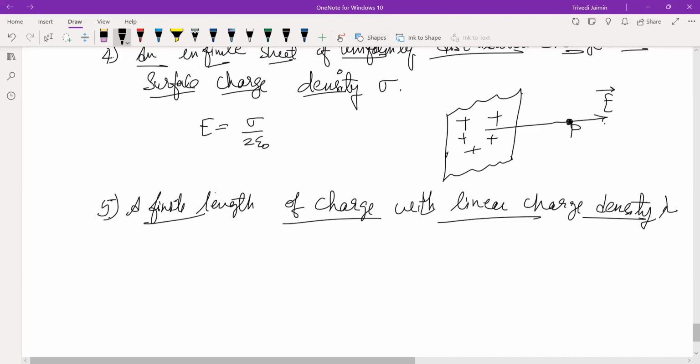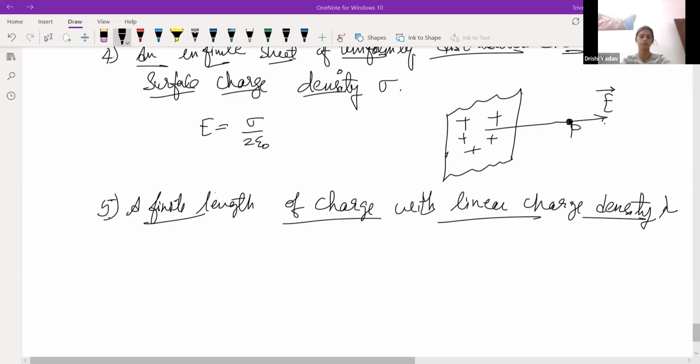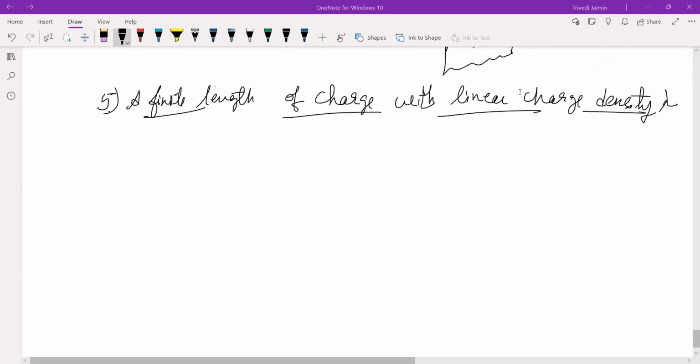If you remember, what was linear charge density? No idea? Charge per unit length. Surface charge density: charge per unit surface area. And there is one more. What was that? Volume. Yes, which will be charge per unit volume. Simple.